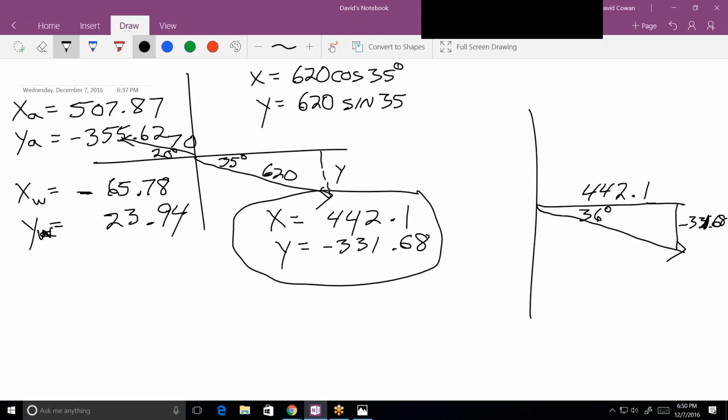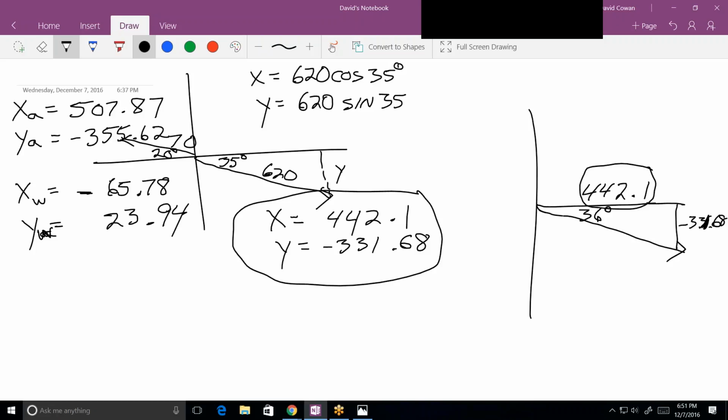And what's the speed? And you can get the speed in any number of ways. You can use the Pythagorean theorem, which is a little hard with these size numbers. Use a trig function instead. Oh, is the speed the hypotenuse? Yes. The magnitude of that hypotenuse. In other words, what this means is the net horizontal speed of wind and airplane is 442 in an easterly direction and 331 in a southerly direction.